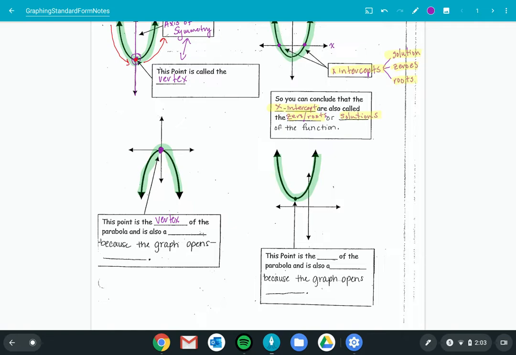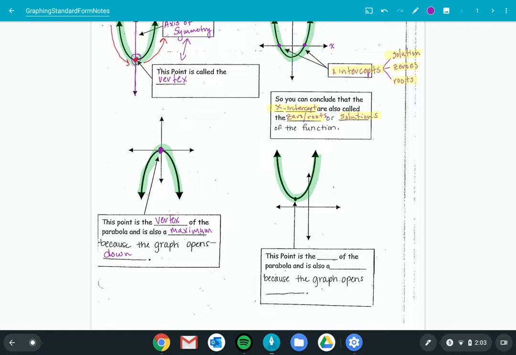So in this case, what's a good word that we could use to represent my vertex if it's the highest point on the graph? Hopefully you said maximum, which is exactly right. My vertex is always the maximum of my graph if my graph opens downward. Which is a relationship that you'll have to know.